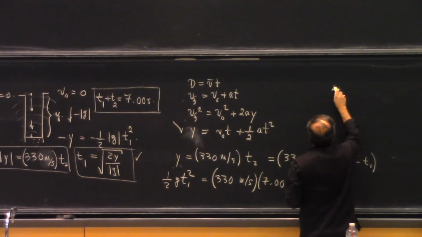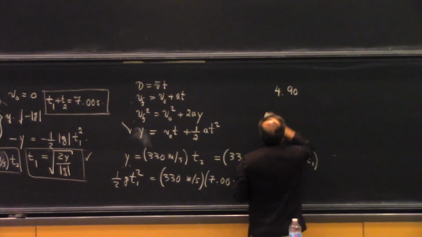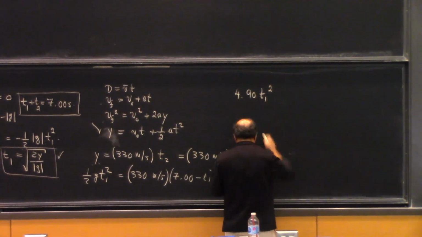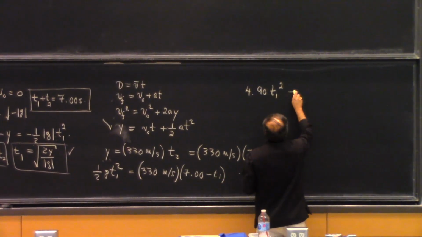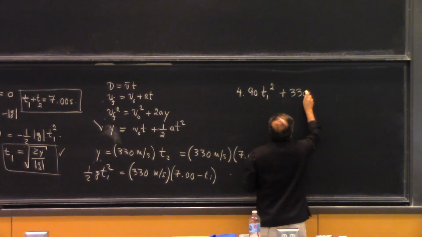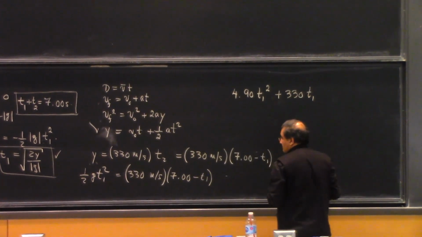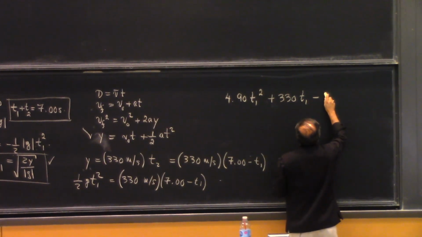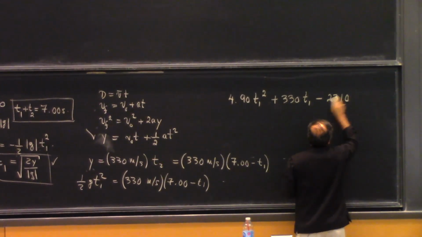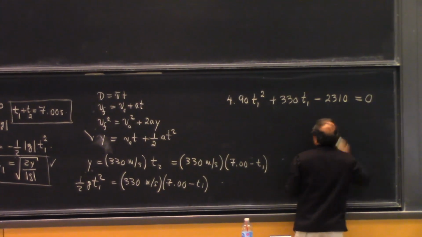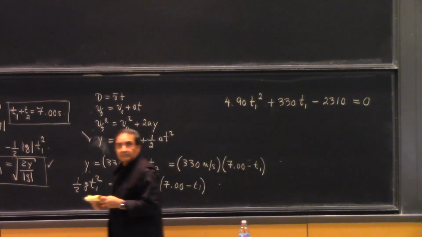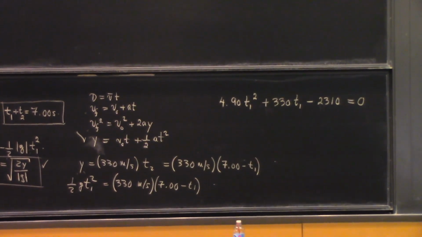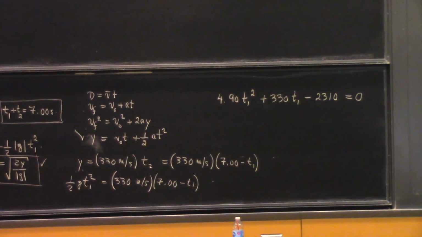I'll skip a few steps because you'll be doing a problem very similar to this in the homework, so something should be left to imagination. So we have 330 t1 minus 2310, which is 330 times 7, and that's equal to 0. Okay? You guys are with me or no?